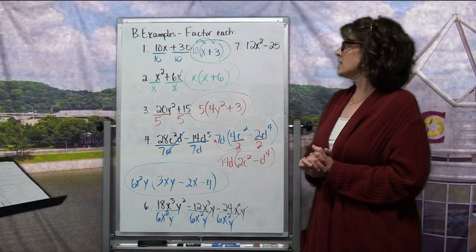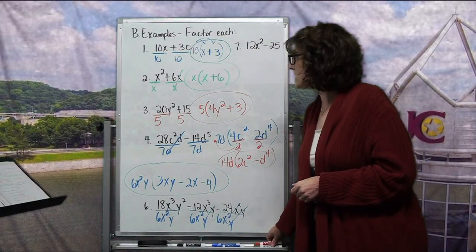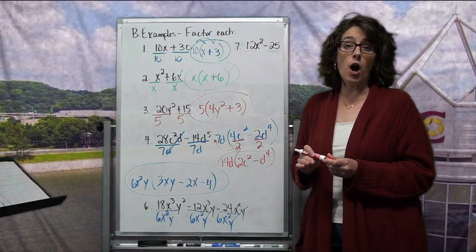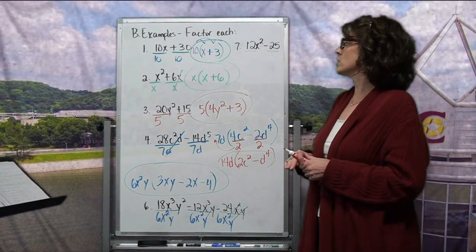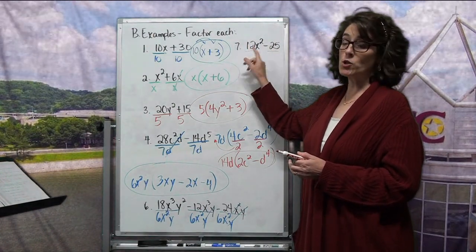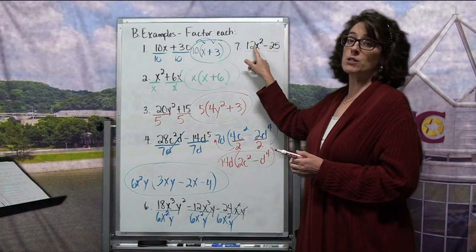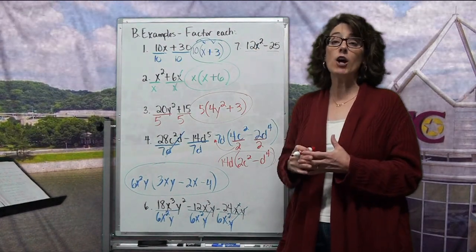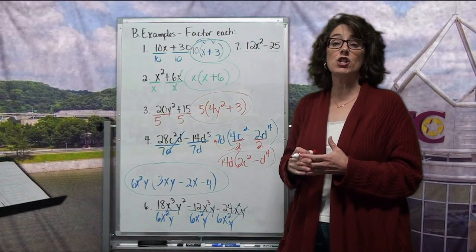Now, one last one. Notice here that with these 2 terms, as I look at those coefficients, there is nothing common that I can divide out of those coefficients. This is divisible only by 5, but 5 won't go into 12. I can take x's out of here, but I can't take x's out of here. So there is nothing common that I can divide out of each and every term.